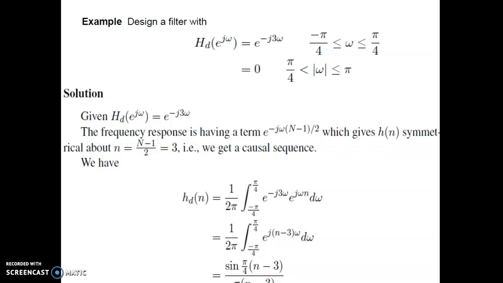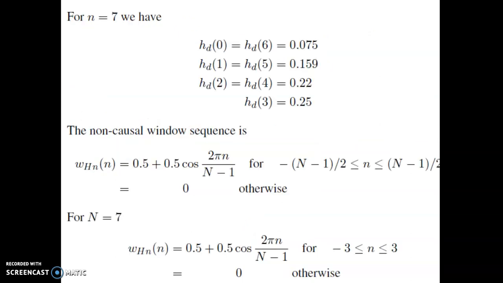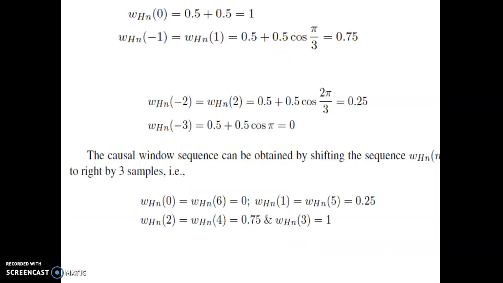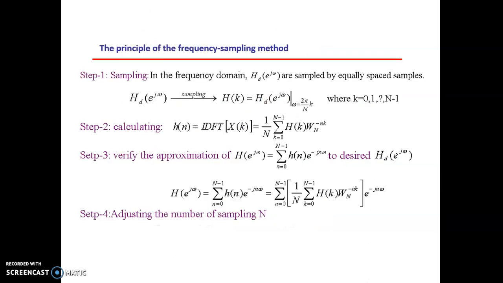Again use the formula hd(n) equal to 1/2π integral from -π/4 to π/4 of e^(-j3ω) e^jωn dω, which is equal to 1/2π integral from -π/4 to π/4 of e^(j(n-3)ω) dω, to get sin(π/4 (n-3))/(π(n-3)). Again here you can get the coefficients of the Hamming window or the Hanning window.